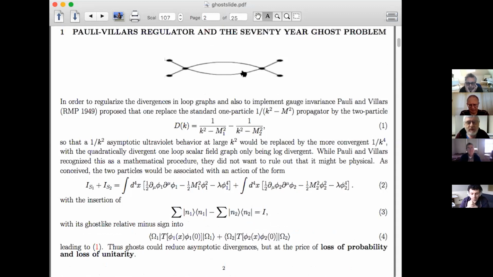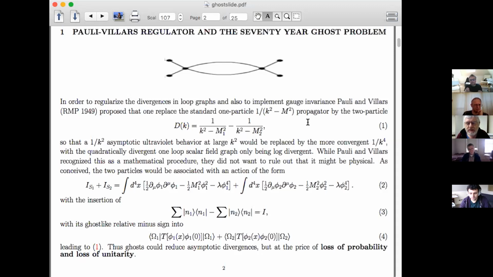Okay, so the Pauli-Villars regulator and the 70-year ghost problem. This problem has been around for 70 years. If you look at a typical Feynman diagram, a typical loop diagram, it's going to be divergent. And Pauli and Villars introduced a regulator for these divergences. Their primary objective was to implement gauge invariance.